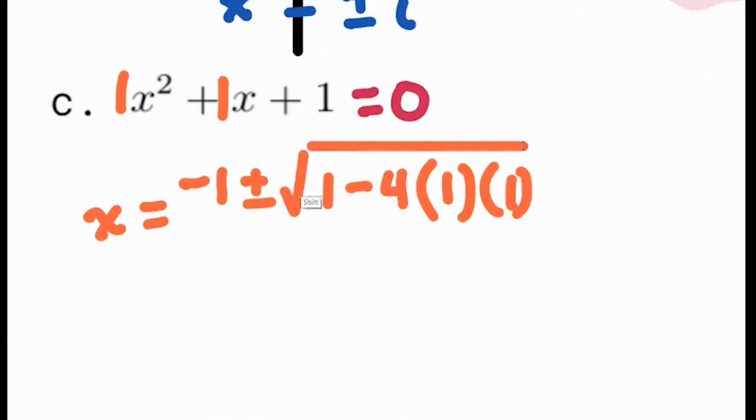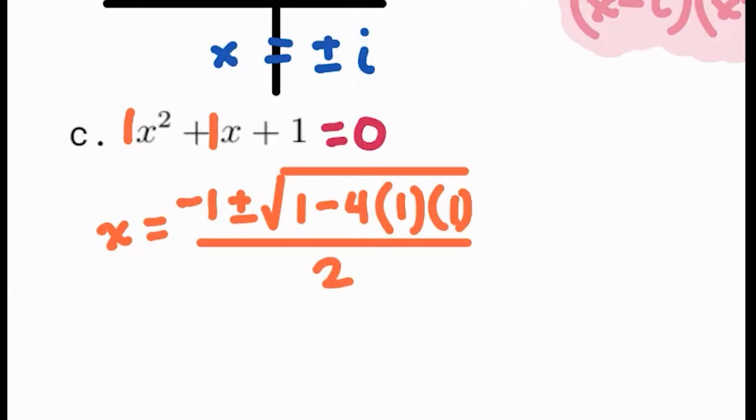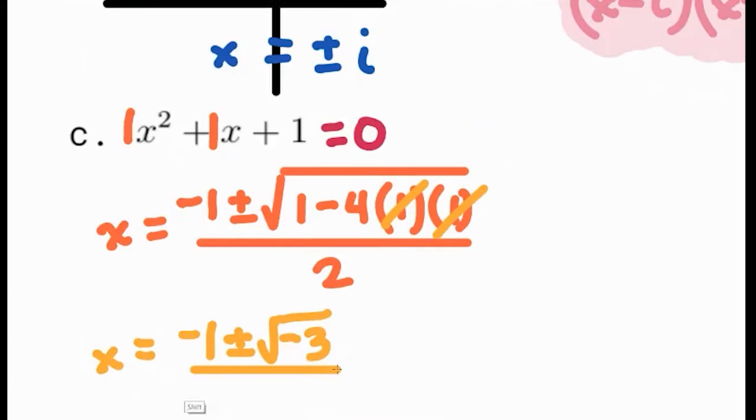Square root all of that. And then we're going to divide it by 2 times A. A is 1, so we're just dividing this by 2. Okay, these ones kind of just cancel out. They're not really needed. So you're left with x is equal to negative 1 plus or minus the square root of negative 3 all over 2.